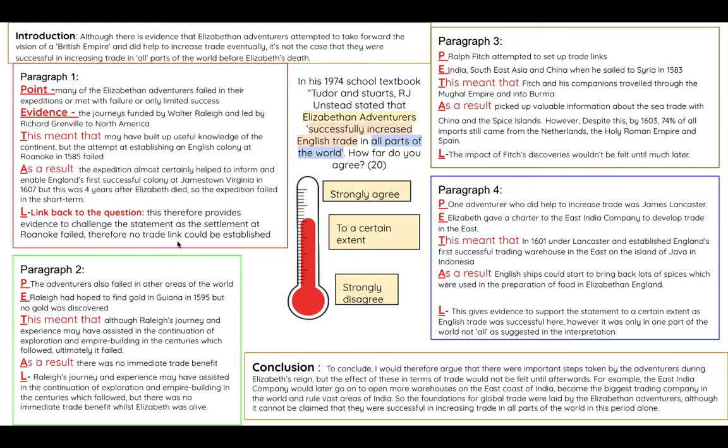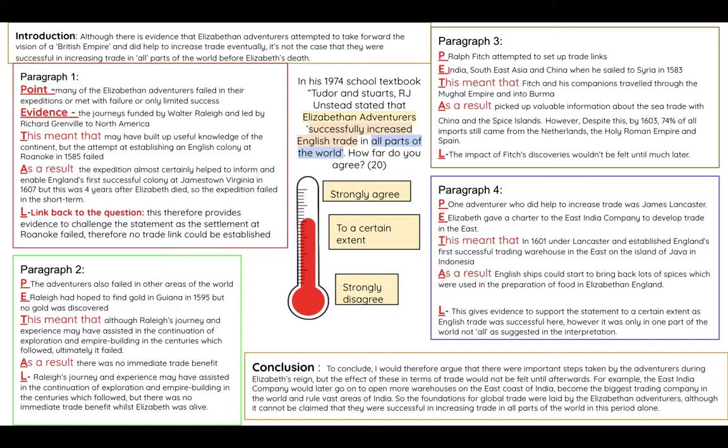My second point will be the adventurers also failed in other areas of the world. So we're looking at similarity, difference across all parts of the world here. So Raleigh had hoped to find gold in Guiana in 1595, but no gold was discovered. Right? He thought the Spanish had found gold in South America, maybe I can as well.